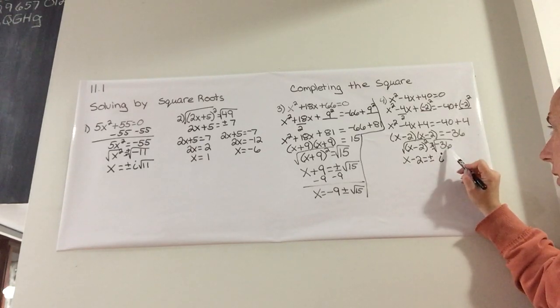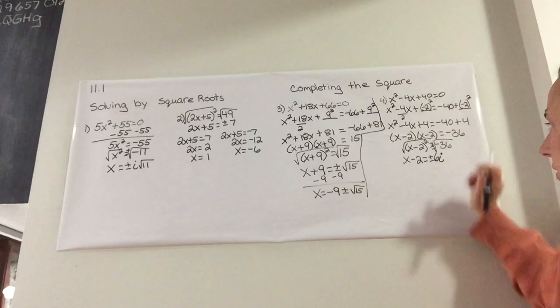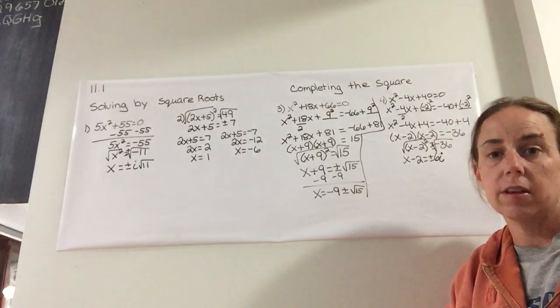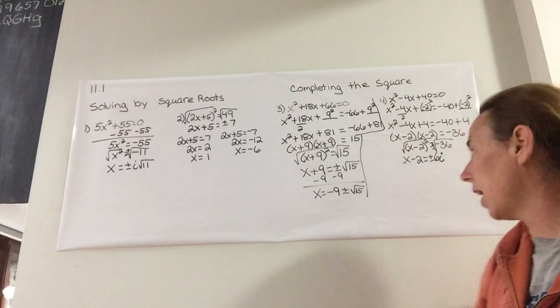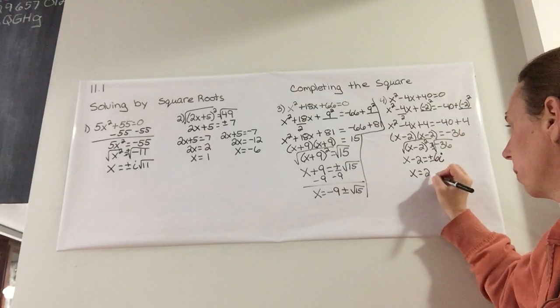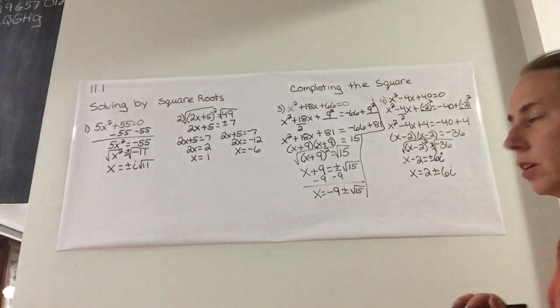Then I see, can I take the square root of 36? Yes, I can. It is 6. So the square root of negative 36 is plus or minus 6i. Now I still have to add the 2, but I can't actually combine it. So it's 2 plus or minus 6i.